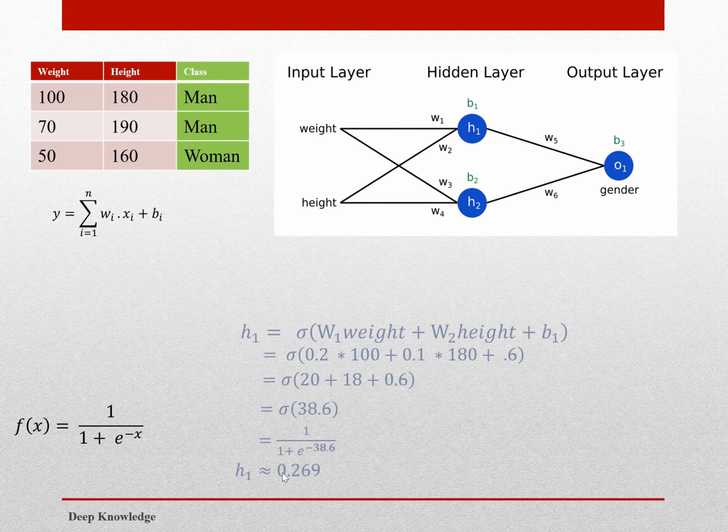This 0.2 will be an input to this neuron, multiplied by W5, which is not defined here, plus B3, equals some value. Then we apply the sigmoid function, and this is the probability. If the probability is greater than 0.5, it's a male. Below 0.5, for instance, it's a woman.